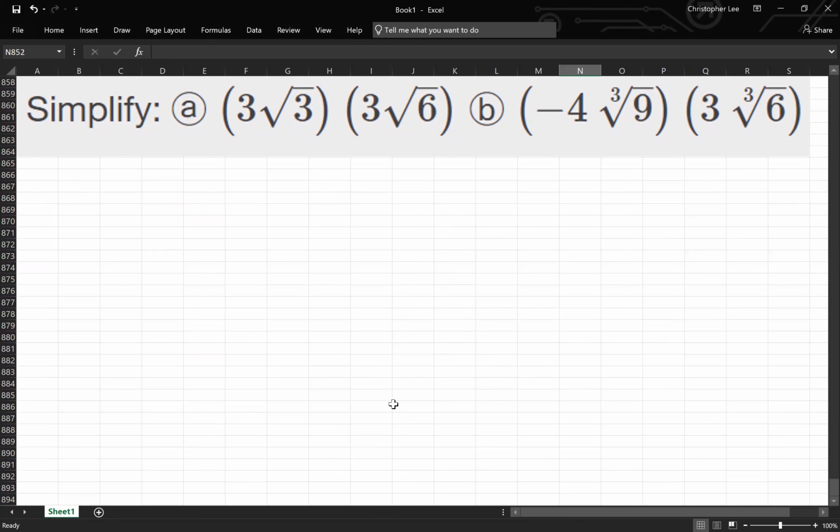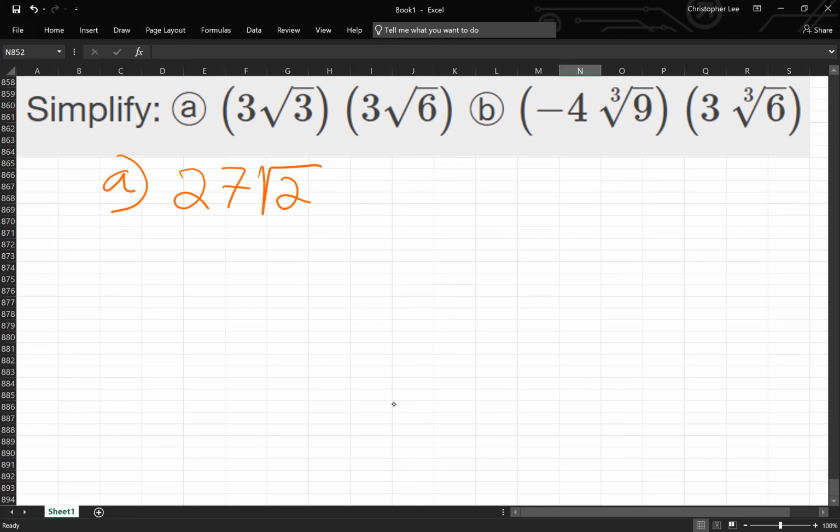All right, let's take a look real quick. So for A, what you guys got? 27 square root 2. I like that. Everybody got that, or anybody got a question? You got 81 square root 2?